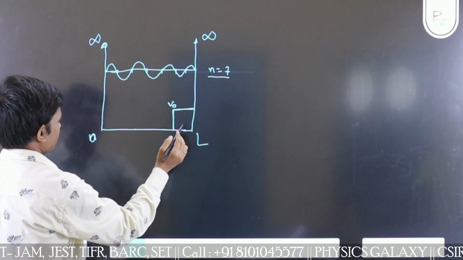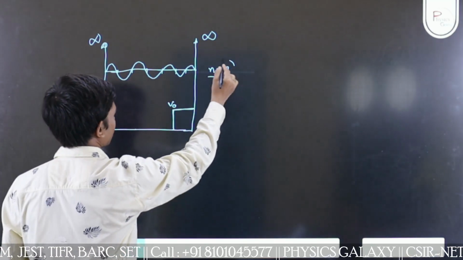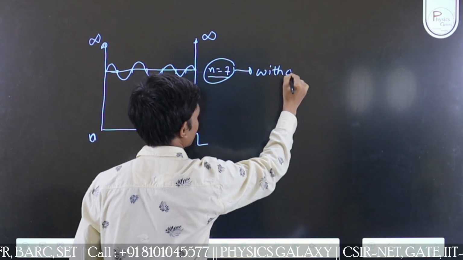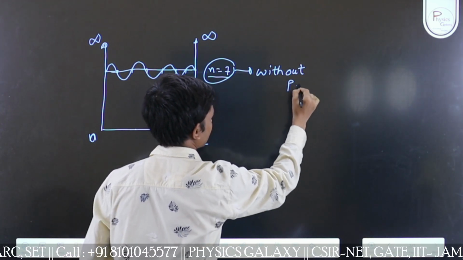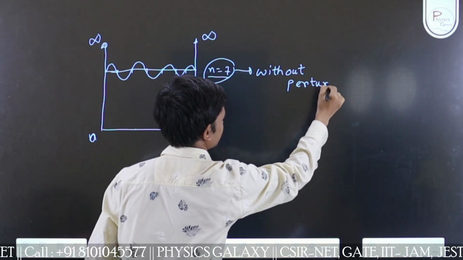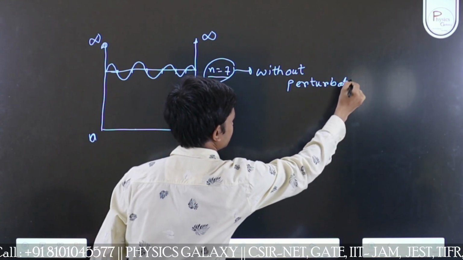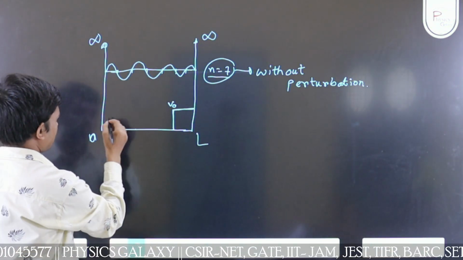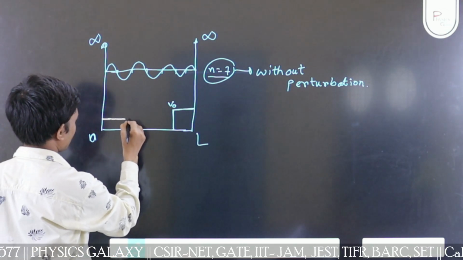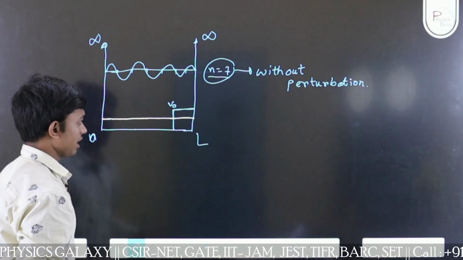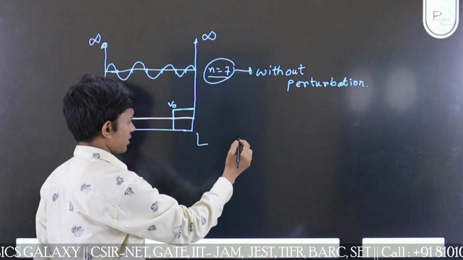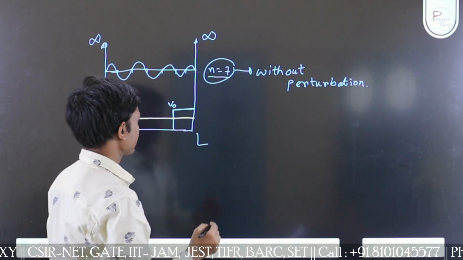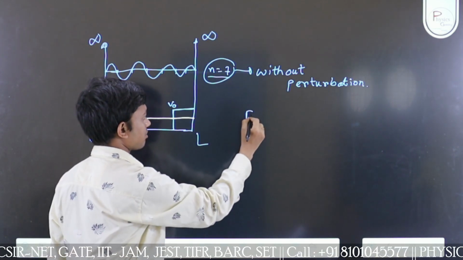Then I said that it is for without perturbation, for n equal to 7, and the madam said that the energy of the particle is greater than the potential.